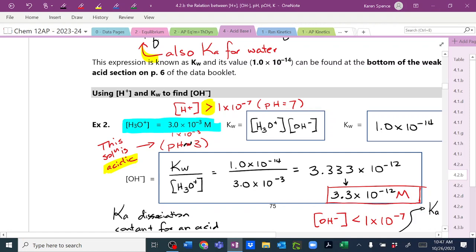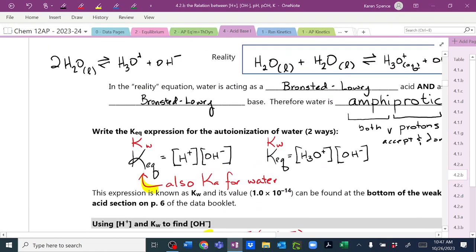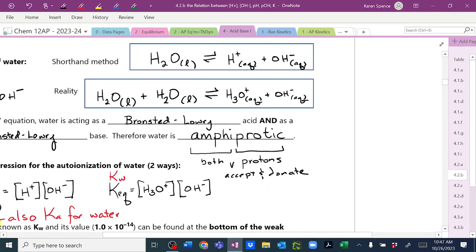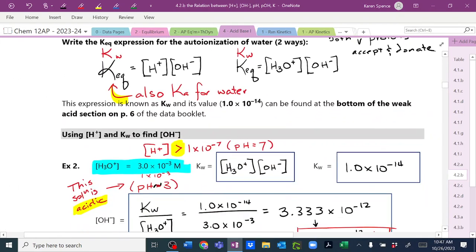And the Cl would then be a spectator ion, and it would shift our equilibrium to the left, but we would still have more hydronium than hydroxide.